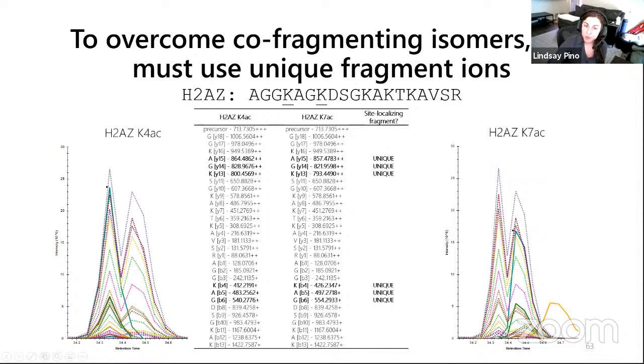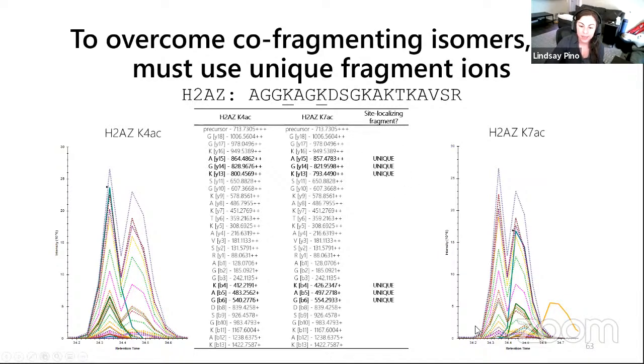What we should do to perform good quantification, to be confident in our quantification, is only use the fragments that are unique to each of these peptides, site localizing. In PTM work, we talk a lot about site localizing fragments. So let's only include fragments that include the PTM modified residue. When we do that in Skyline, we can mark these specific transitions, which are unique.